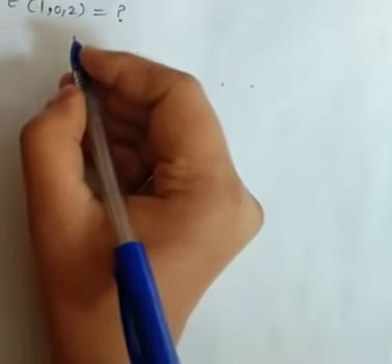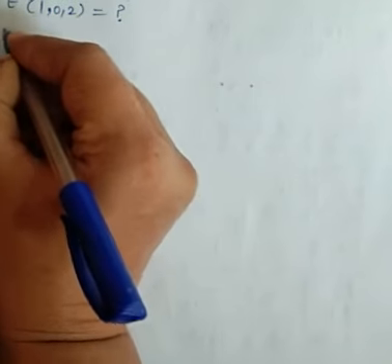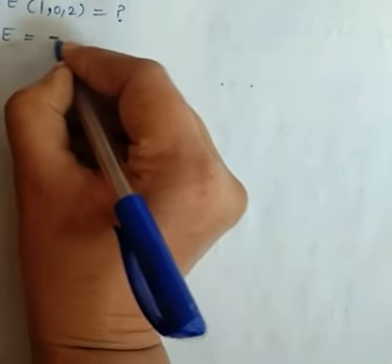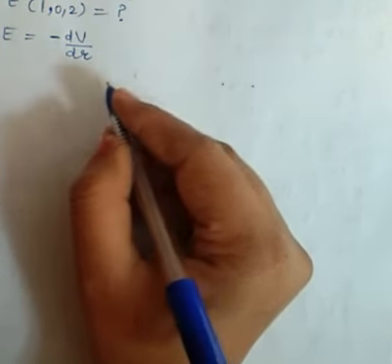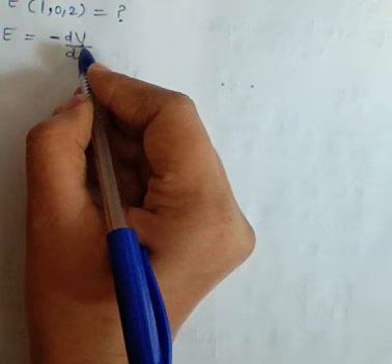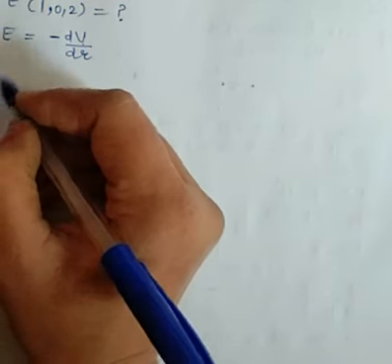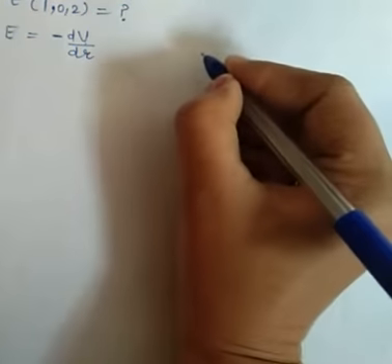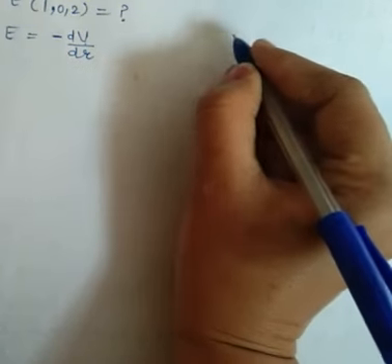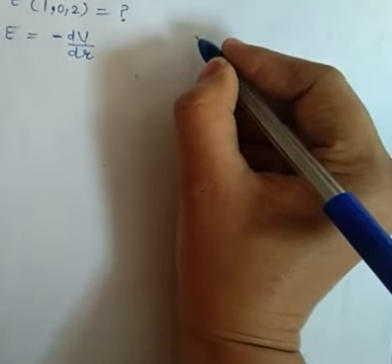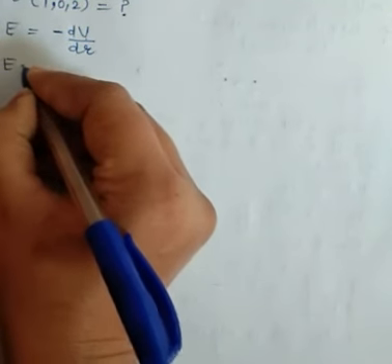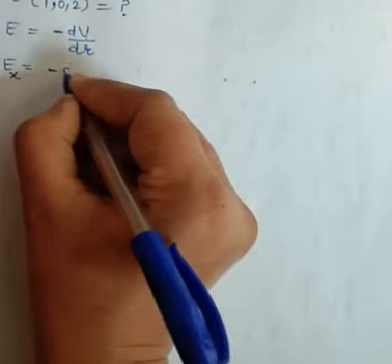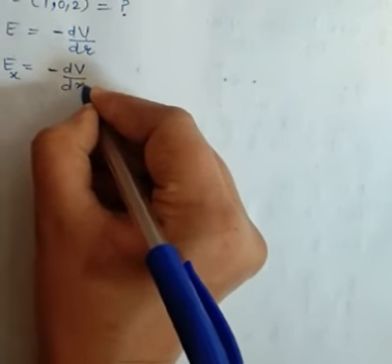Okay, so let's start. Electric field is given to be minus dV by dr. But now potential is given to us, we have to find out electric field, and if it depends on x, y and z, then we have to differentiate such that when we are differentiating with x, it will be Ex.